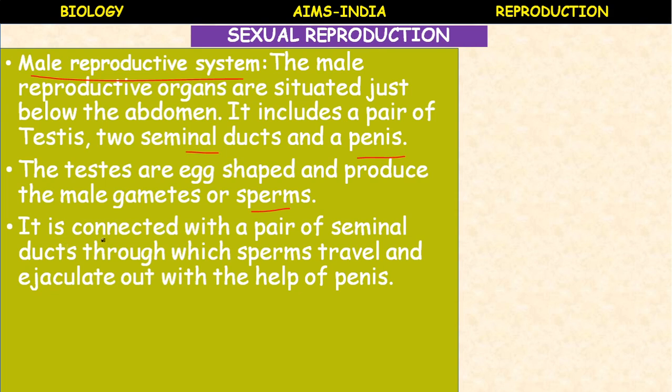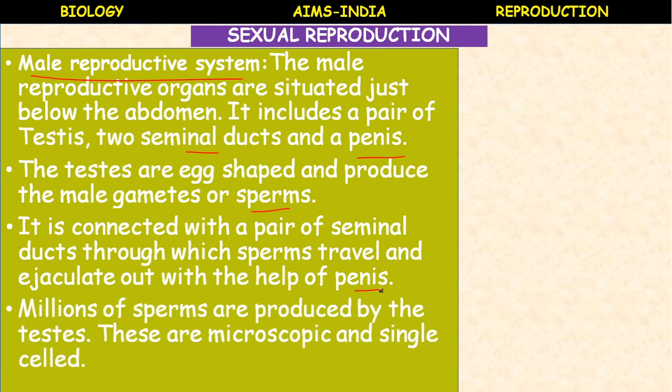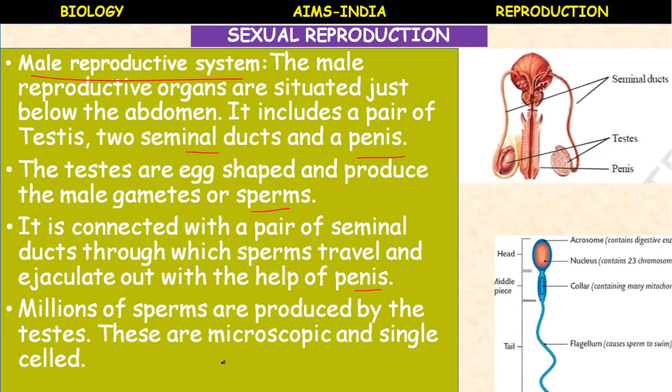The testis is connected with a pair of seminal ducts through which the sperms travel and are ejaculated out with the help of the penis. Millions of sperms are produced by the testes. These sperms are microscopic and single celled. Okay, this is the male reproductive system.